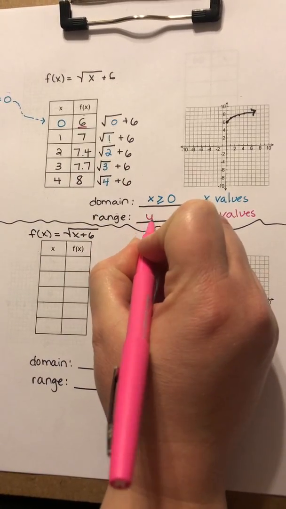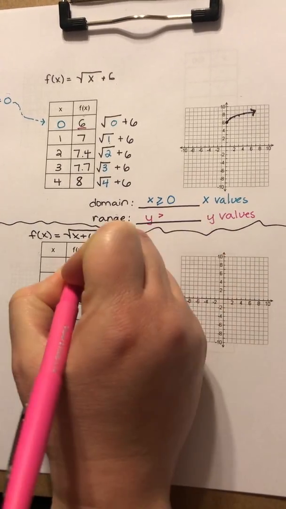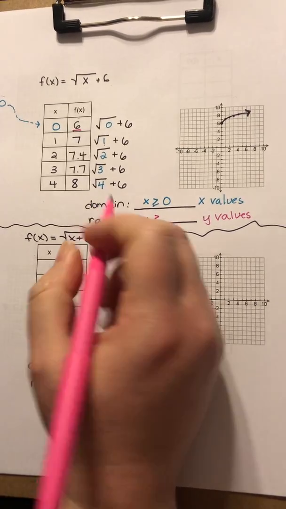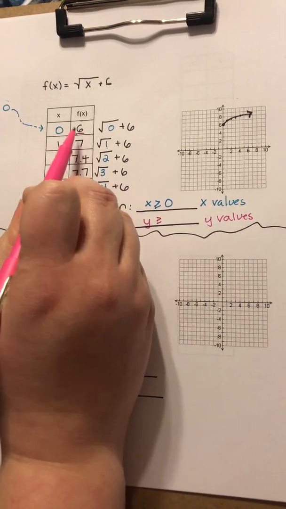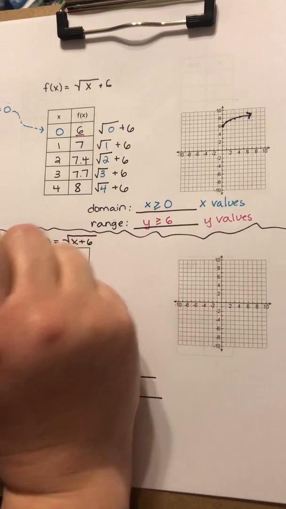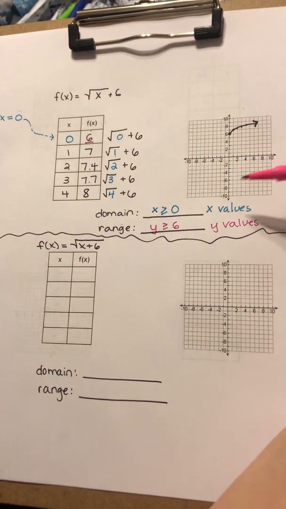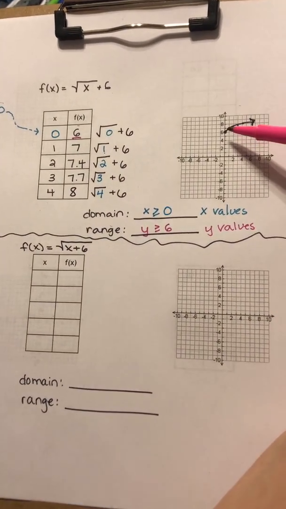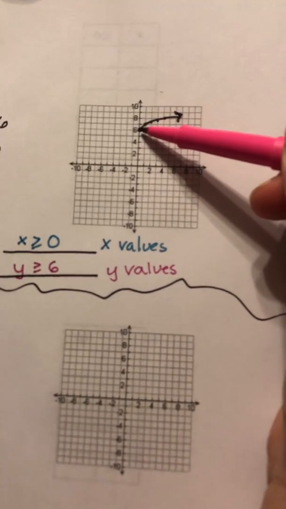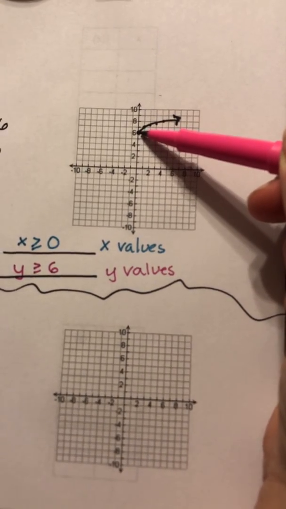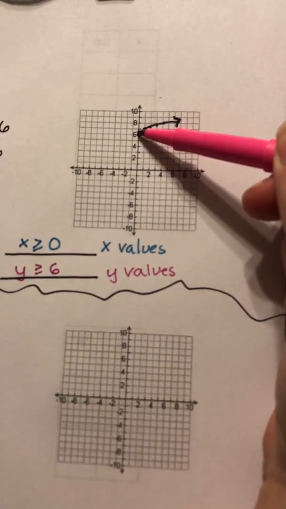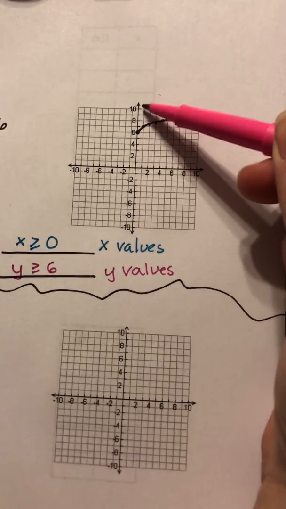So my y's are also increasing, or they go greater than or equal to this starting value, 6. And we can see in our graph, when we go up to the 6, that's my lowest point. All my y values are above that point.